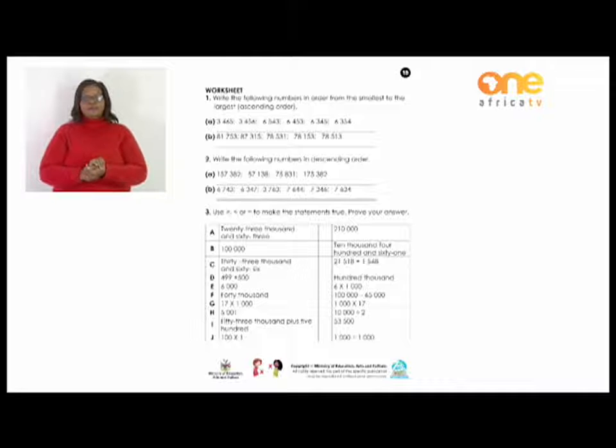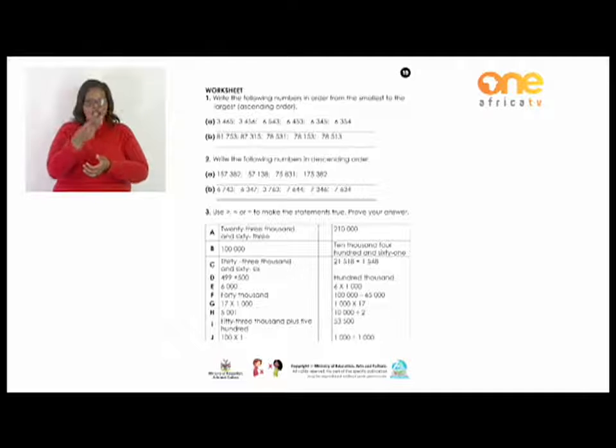you see that one number is written in numeric, the other one is written in words. The best way to compare these numbers is to make sure that the number written in words, you write it in numeric. For example, under A, it's 23,063.